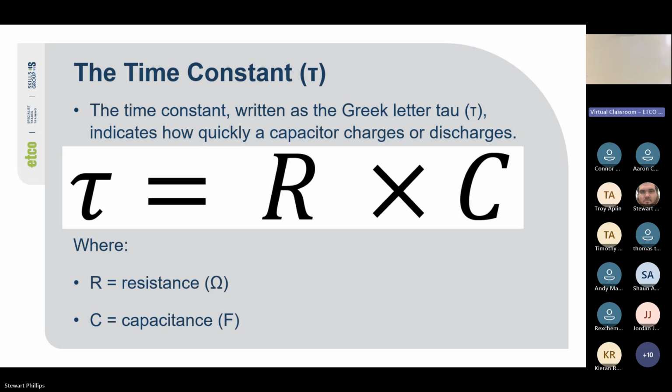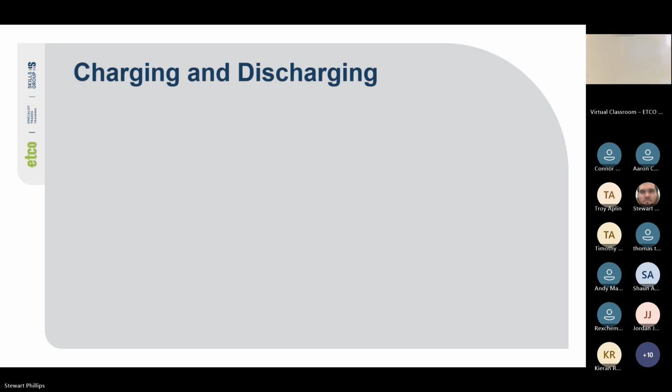Also, if we increase the capacitance, we have more capacitance to fill up. So it's going to take longer for it to charge as well. So these are the two factors that we need to take into account when we are calculating how long it's going to take to charge and discharge our capacitor.